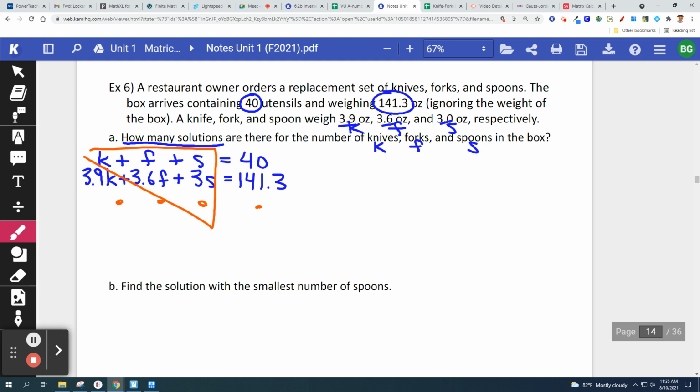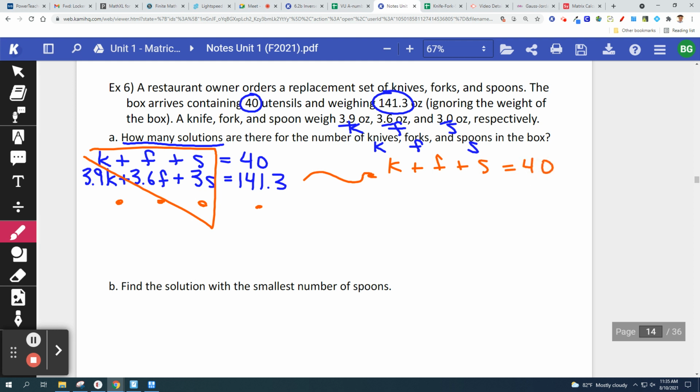Starting tomorrow or the next day, I'll show you how to use some technology. But for now, let's just say we do that echelon method, and we end up with K plus F plus S equals 40.